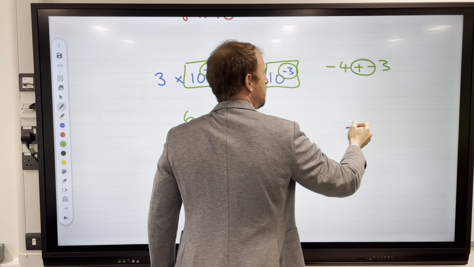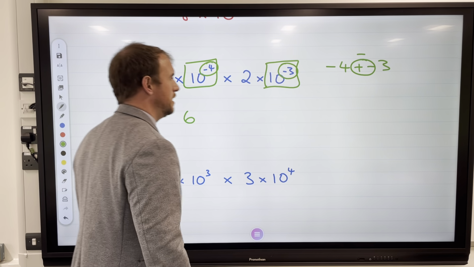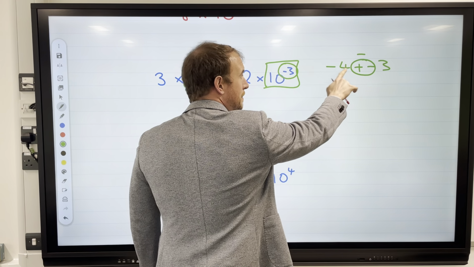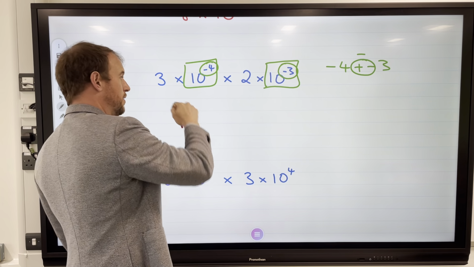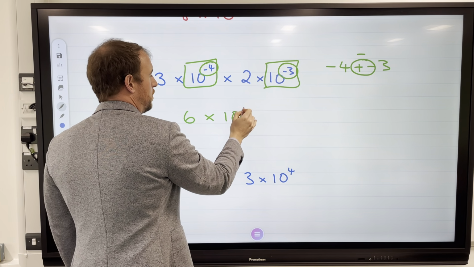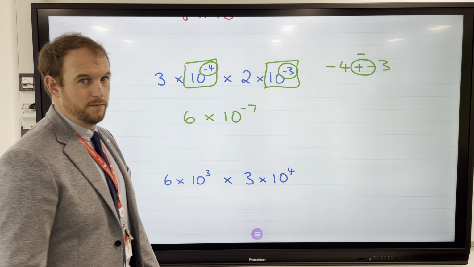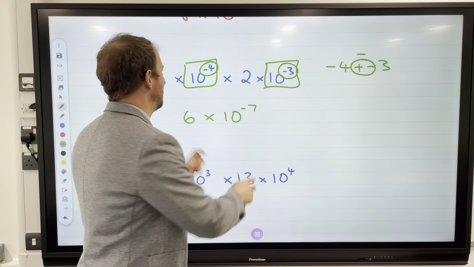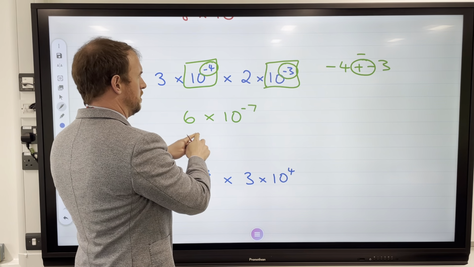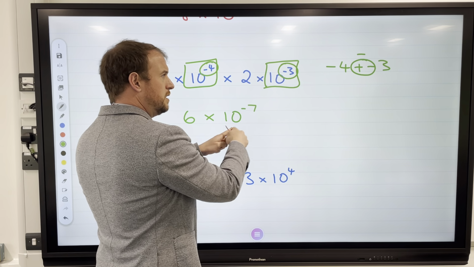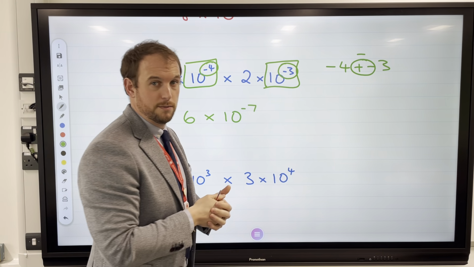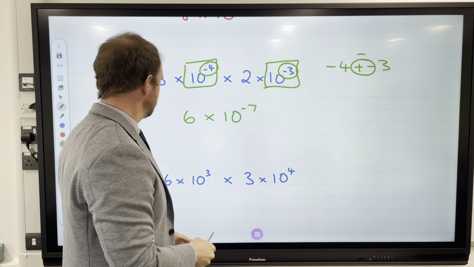Well, plus and a minus is a minus. Think of a number line again. Minus 4, take away 3, we end up on minus 7. So a couple of different rules here: basic multiplication, laws of indices, adding and subtracting positive and negative numbers.